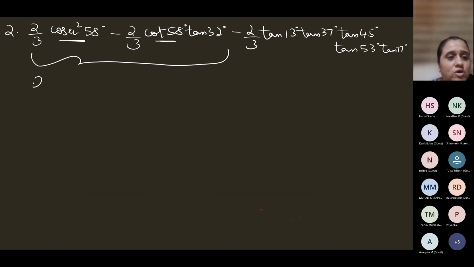We can take out 2 by 3 common. This one is cosecant square 58, and we wish this was cot square 58.